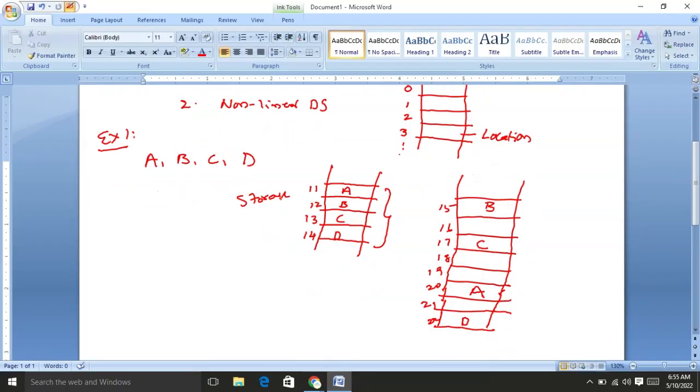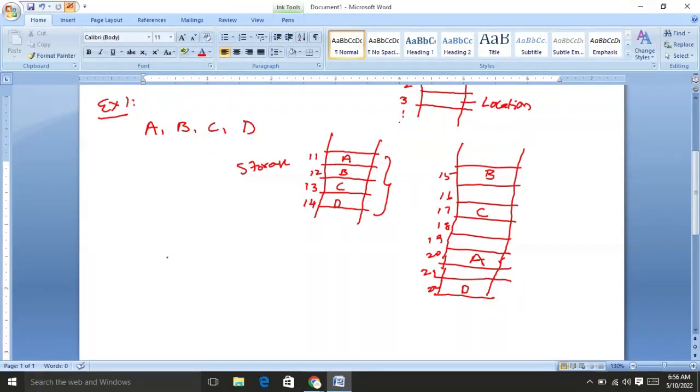So, how are we going to access the non-linear data structure or the linear data structure? This is the problem. In a linear data structure, elements are accessed one after another by using the addresses. Generally, in programming, suppose we are considering an array. Array is an example of a linear data structure.